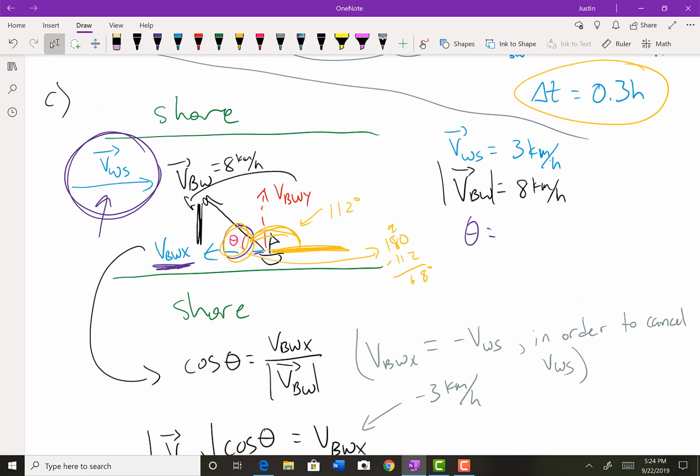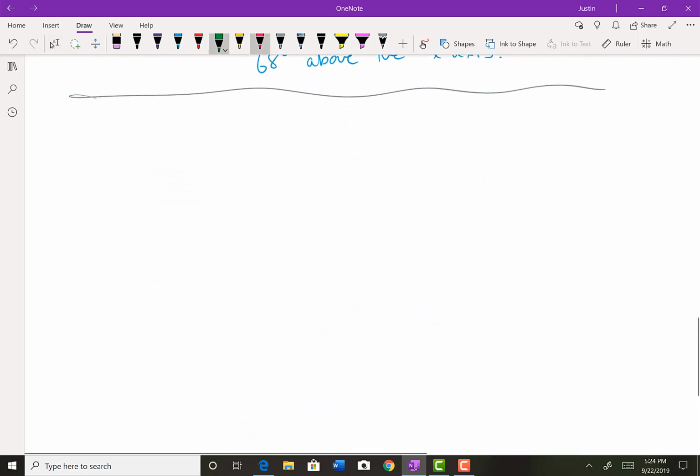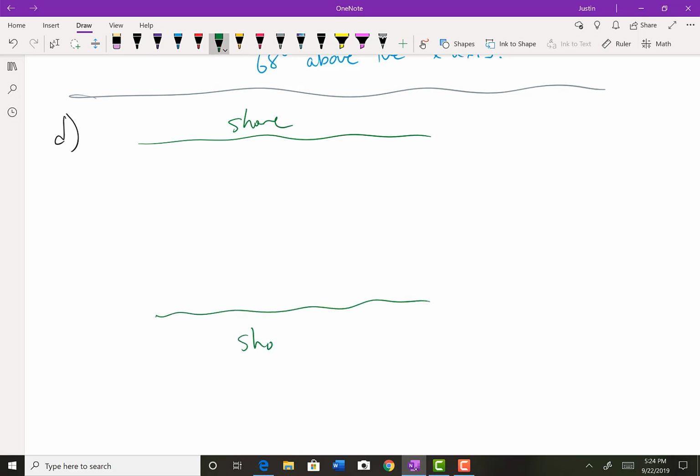So let's redraw it again just to make things a little simpler. For part D, I've got my shore, and my other shore here, and my boat. And I've got the velocity of the water with respect to the shore going that way.